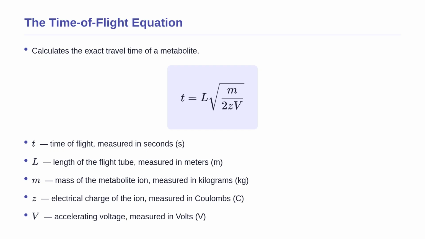Z is its electrical charge in coulombs, and V is the accelerating voltage applied by the machine in volts. Conceptually, this formula tells us that heavier metabolites, with a larger mass, will take a longer time to reach the detector, while a stronger voltage or higher charge will cause the metabolite to travel faster.